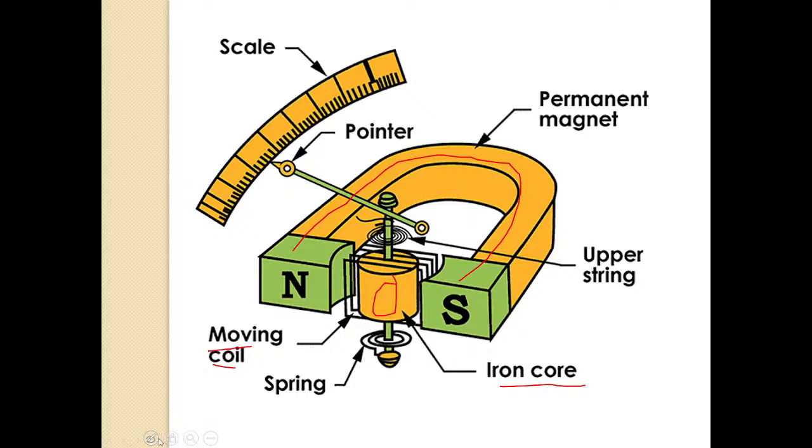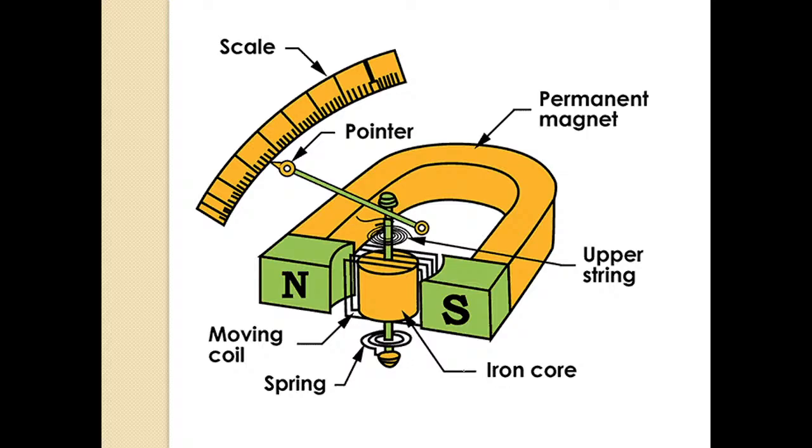If you observe here, the iron core is cylindrical, isn't it? This yellow color portion is cylindrical. The iron core is cylindrical in shape. That's why the moving coil, if you observe in this image, is rectangular in shape. So the moving coil shape will depend on the iron core shape. If the iron core is cylindrical, the moving coil will be rectangular. If the iron core is spherical, then the moving coil will be circular in shape.